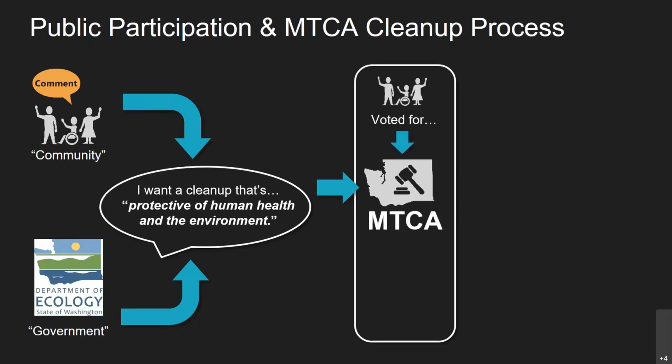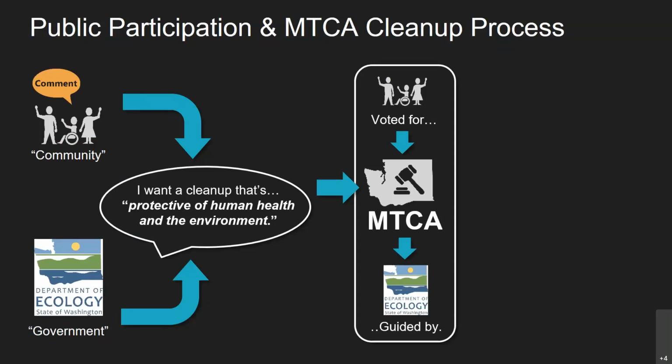And as we touched on in part one, this was a public initiative in 1988, made into law in 1989. There were two initiatives, one that was industry-based and one that was public-based. The one that passed the vote, and now we're at our 30th year celebrating MTCA, was voted for by the public. It was Initiative 97. It was on the ballot in November 1988. I'm proud to say that I voted for it right here in Bellingham.